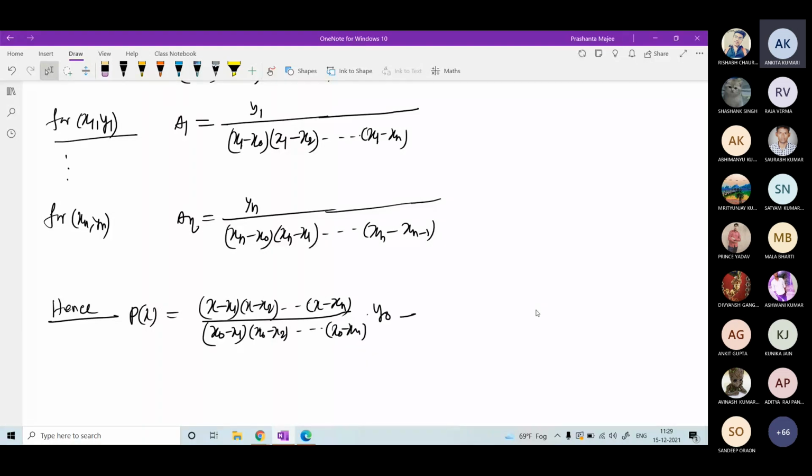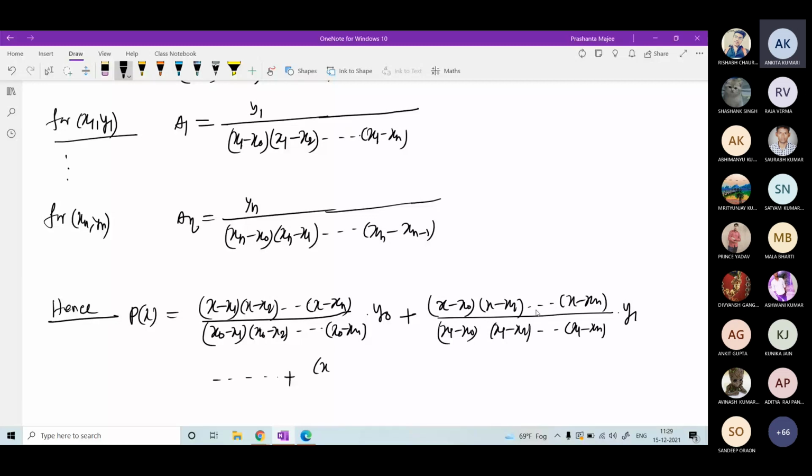That is the first term. The second term will be x minus x0, x minus x2 up to x minus xn, by x1 minus x0, x1 minus x2 up to x1 minus xn, into y1, up to the last term.